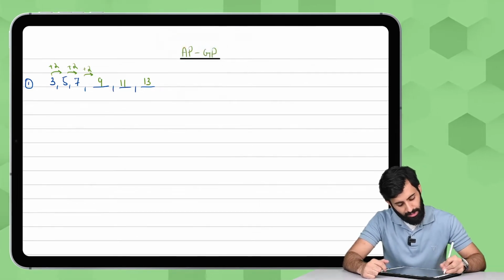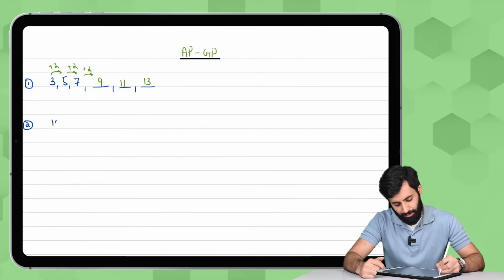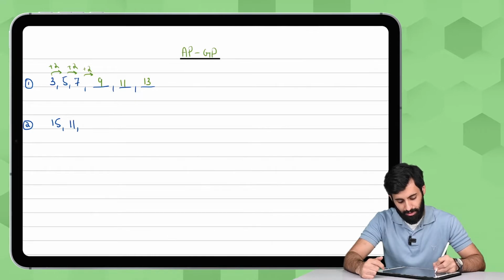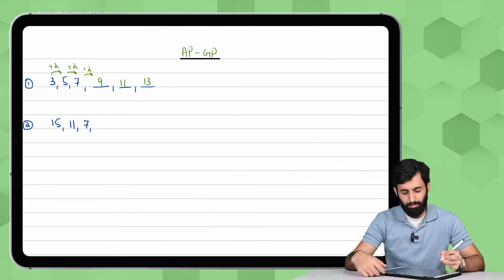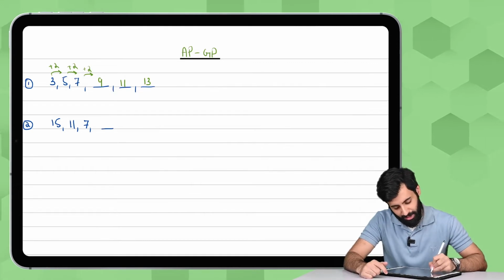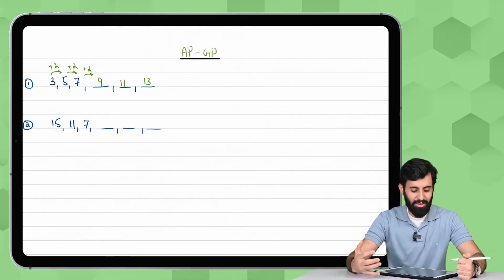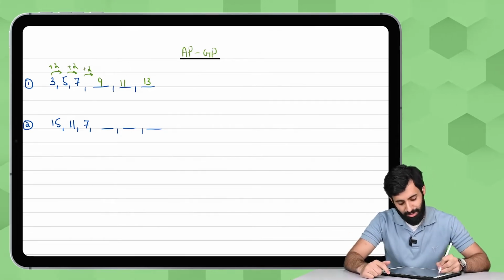Okay, so let's take another example. Let's say you have 15, then 11, then 7. Here are the first three terms, and I want you to follow the same trend and identify the next couple of terms.